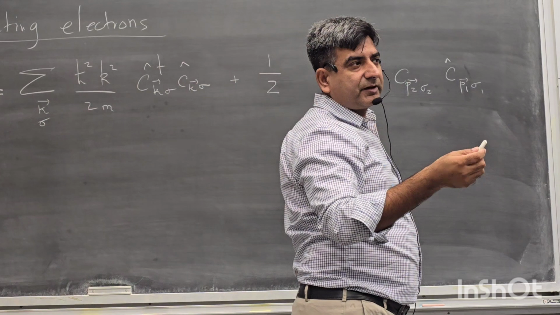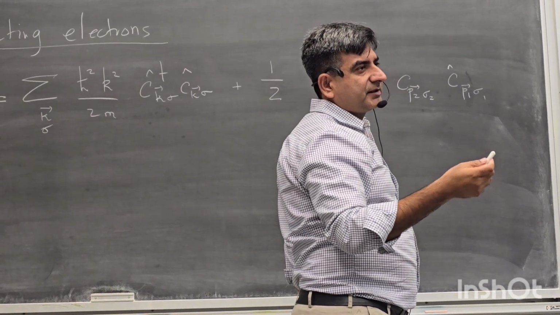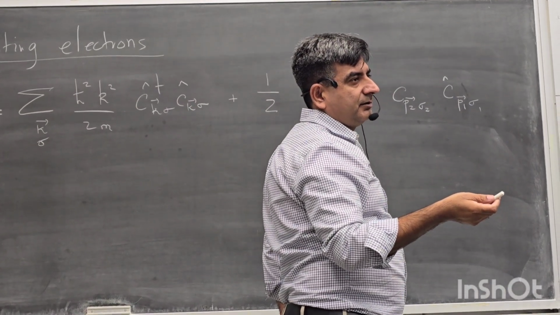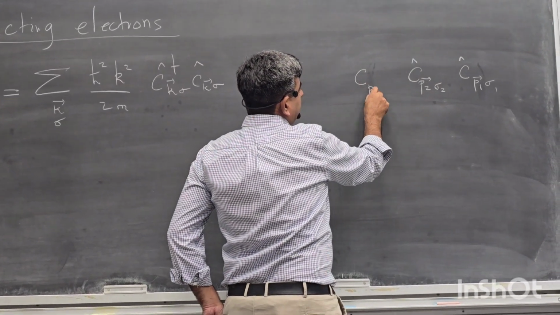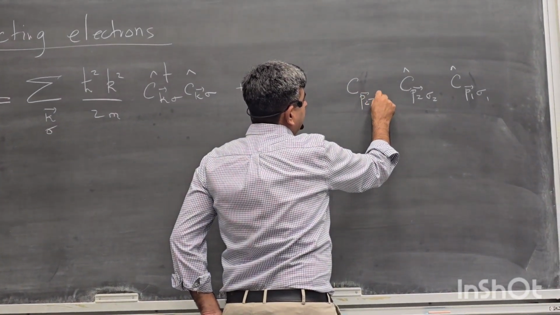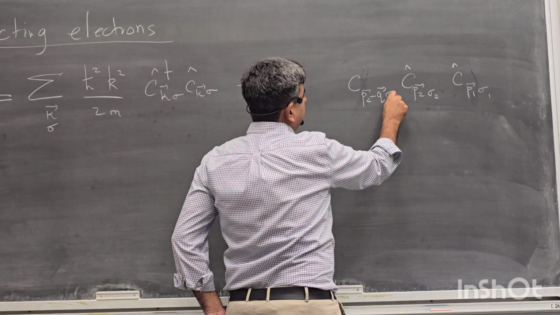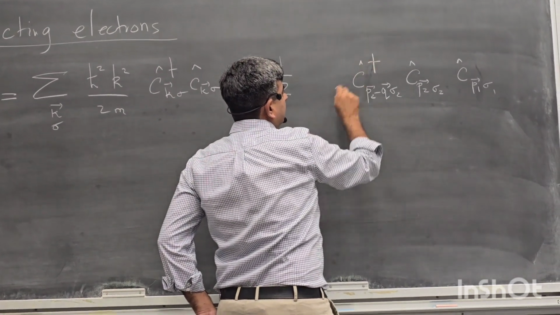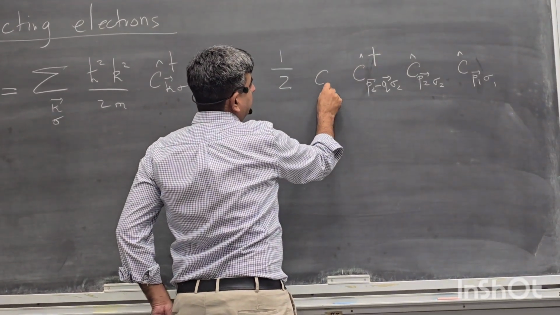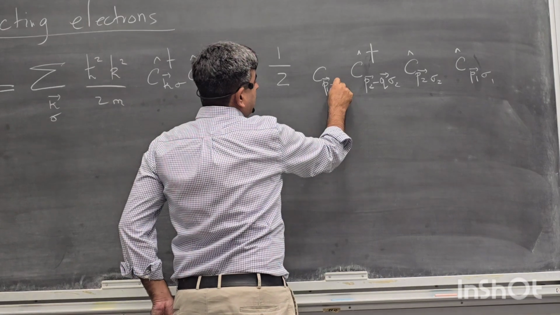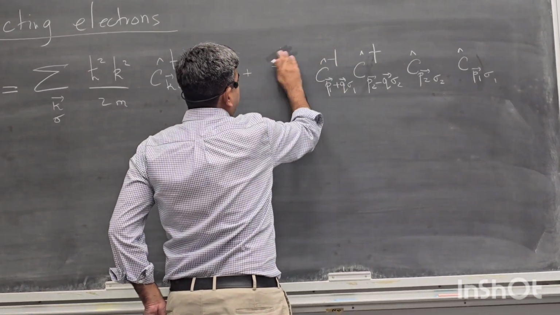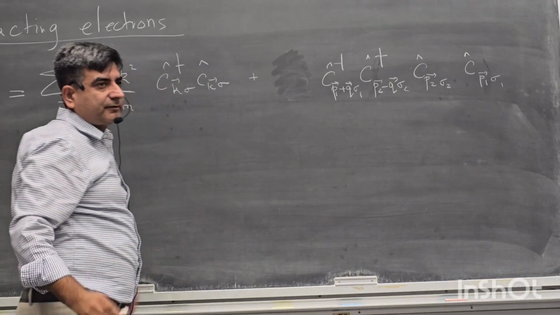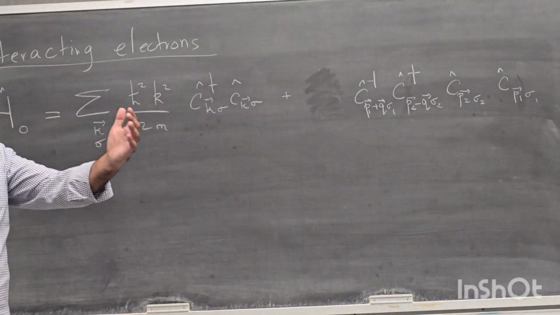We're just giving them a different symbol than k. Then c†_{p2−Q,σ2}, and c†_{p1+Q,σ1}. Right? So these are the sequence of 4 terms.